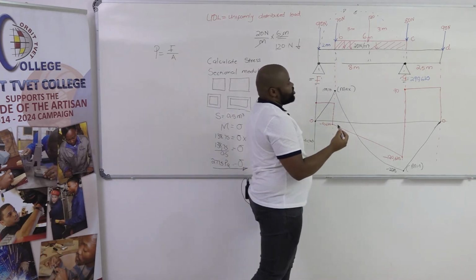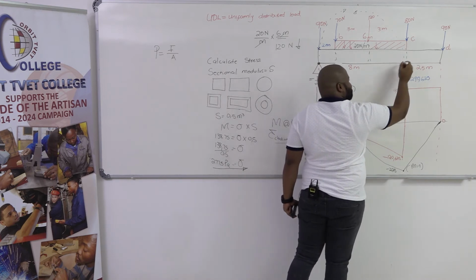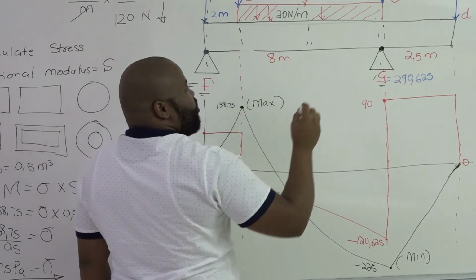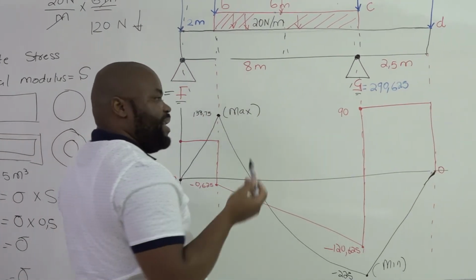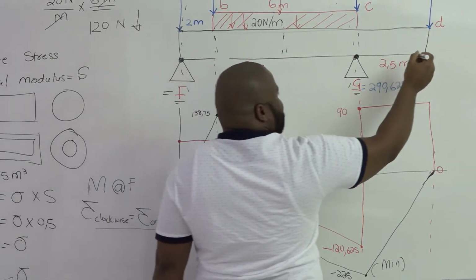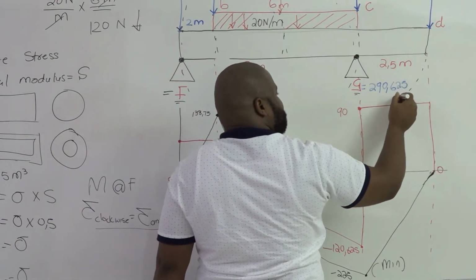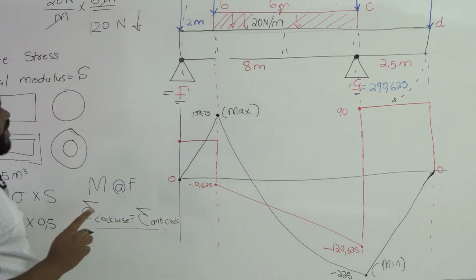So from here, you make a determination: if G is my fulcrum point, where are these forces pushing the beam? In which directions are they pushing the beam? You start by saying, okay, this 90 is pushing my beam in the clockwise direction.